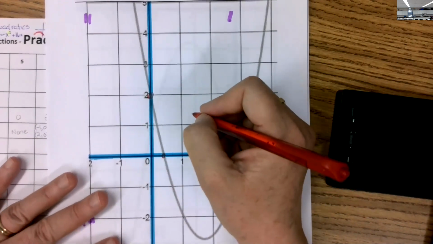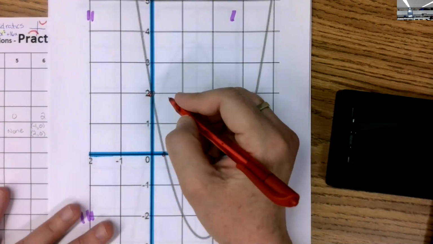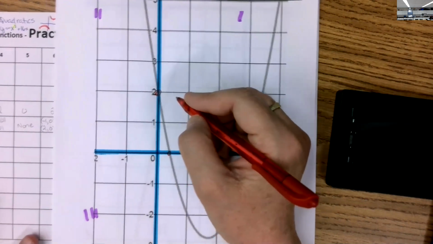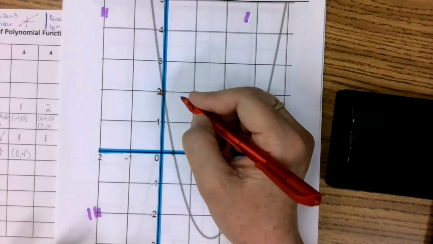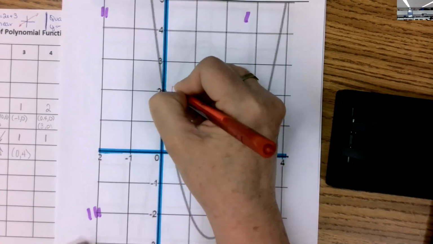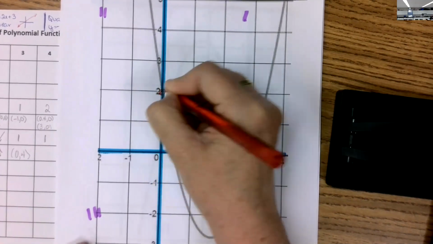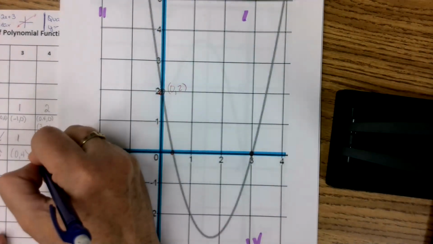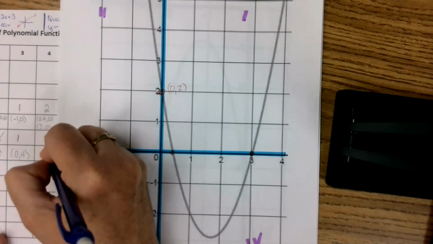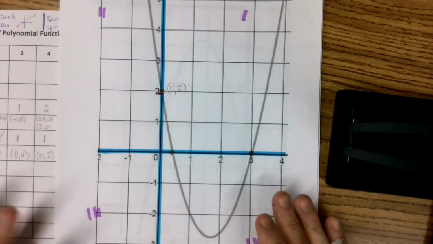What are the coordinates of this point? You got the 0 part right, but it's 1, 2 up. So 0 and 2, so it's (0, 2). Okay, there we go.